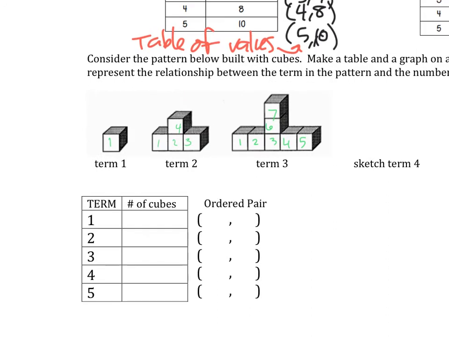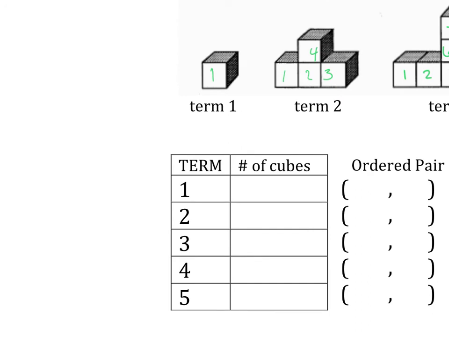So what we want to do is write a table and a relationship describing what term we're on and the number of cubes that we have. Term 1 has 1 cube. So that information is right here in the table. As an ordered pair, we can think of this as term 1, 1 cube.